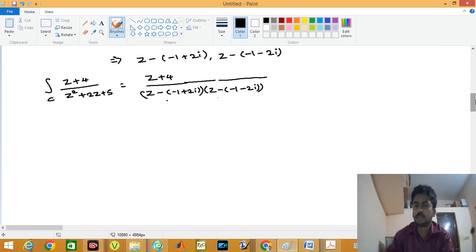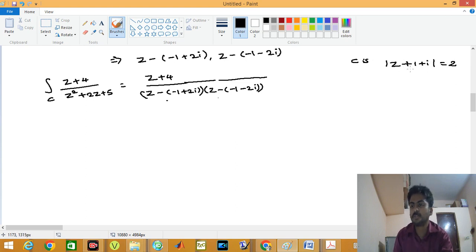So we shall write the curve equation here. What they have given is that C is modulus of z plus 1 plus i equal to 2.